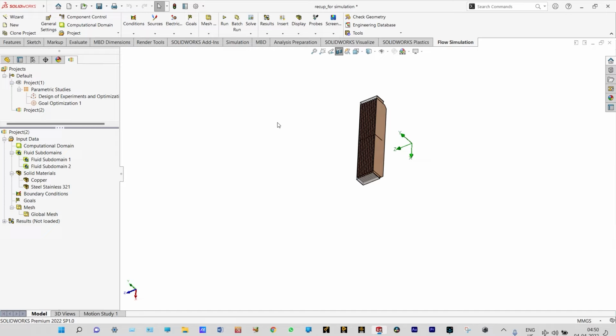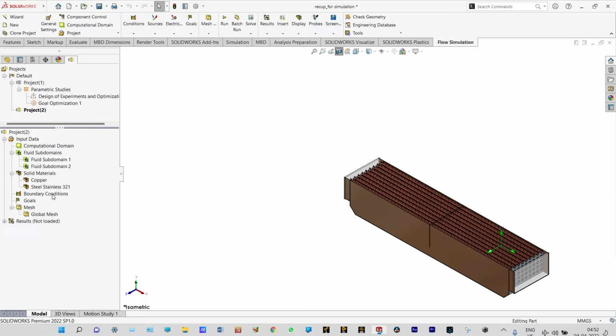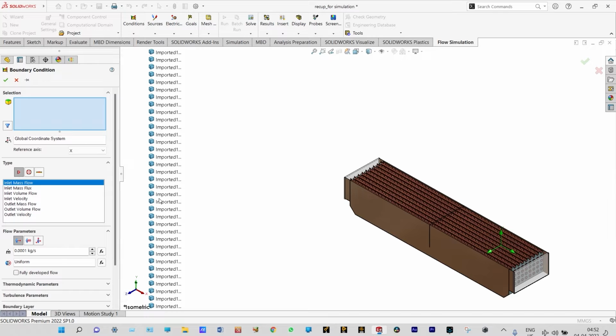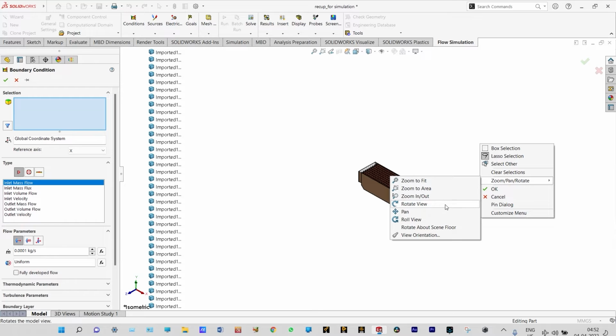Next to that, we need to apply our boundary conditions, right? Boundary conditions. Insert boundary condition. We need to provide air from this side at a velocity of 0.1 meter per second. Let us rotate this one a little bit.